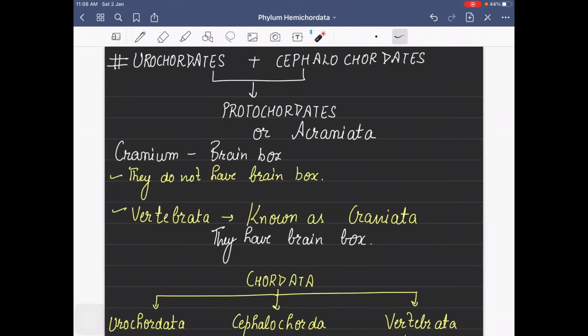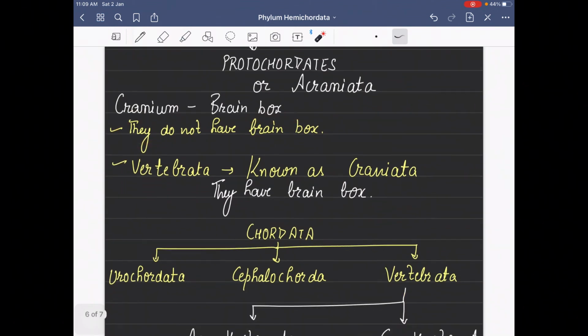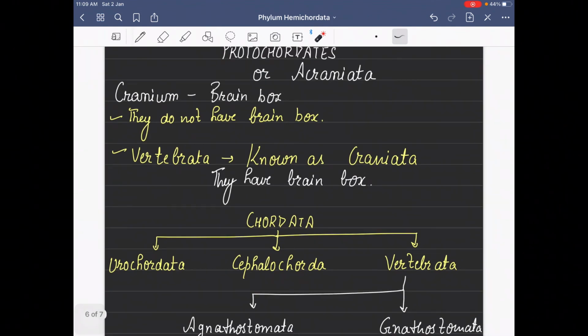Urochordates plus cephalochordates are also known as protochordates, or Acraniata. A means absent, craniata means cranium, that is the brain box is absent, meaning urochordates do not have a brain box, cephalochordates do not have a brain box. Vertebrata are known as craniata, they have a brain box.